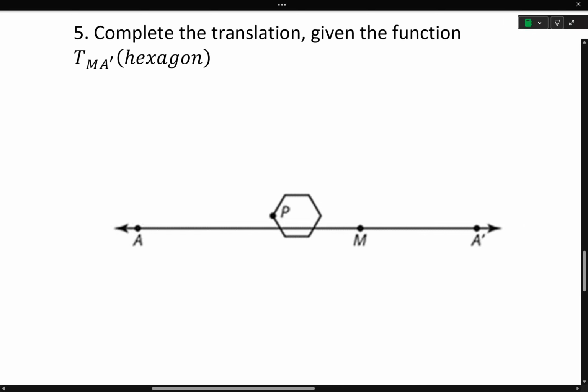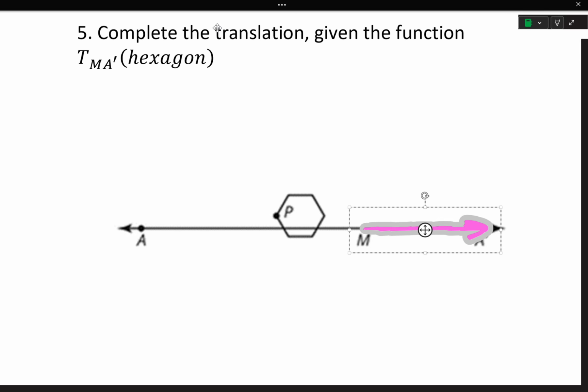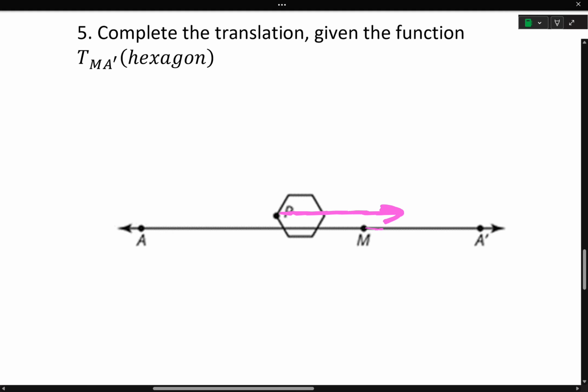Number 5, we're going to translate the hexagon, the distance and direction of MA prime. First, let's draw over MA prime. And then we're going to copy and paste that same thing right there. We are moving it straight to the right.